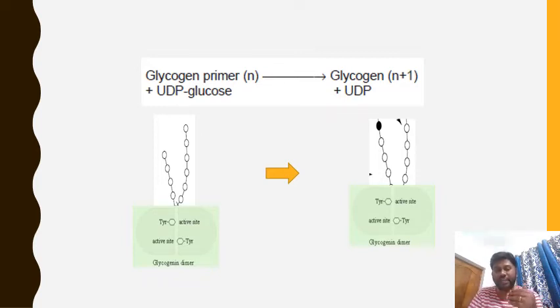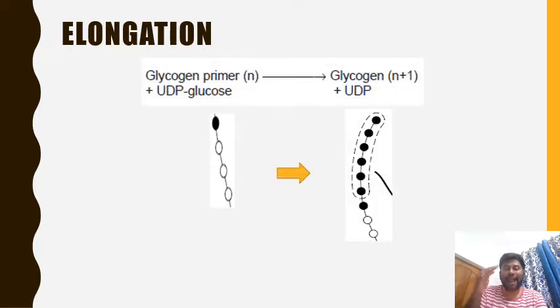After initiation, that means after the addition of the first glucose residue, further glucose residues will be added in the next phase called the elongation phase. In the same way, by the same reaction, the glucose residues will be added one by one and attached in alpha 1,4 linkage.